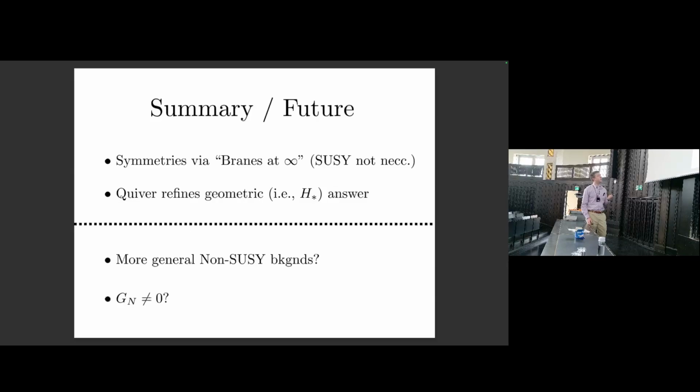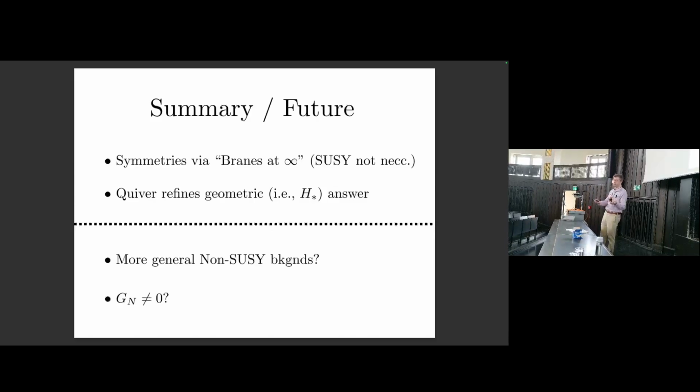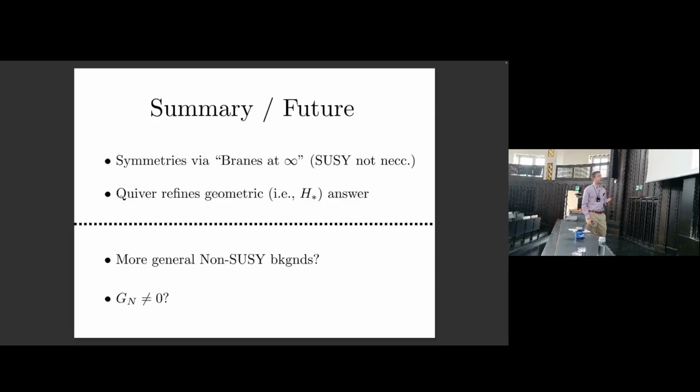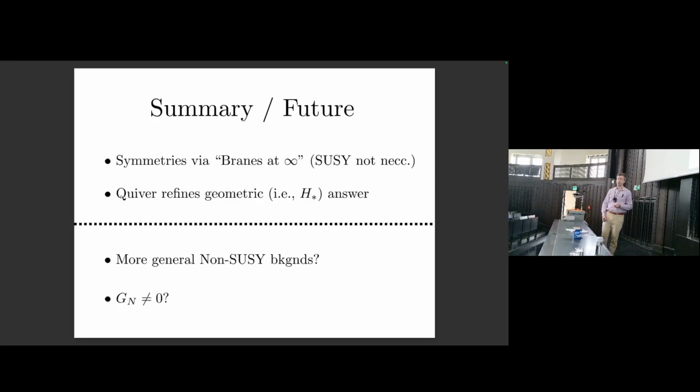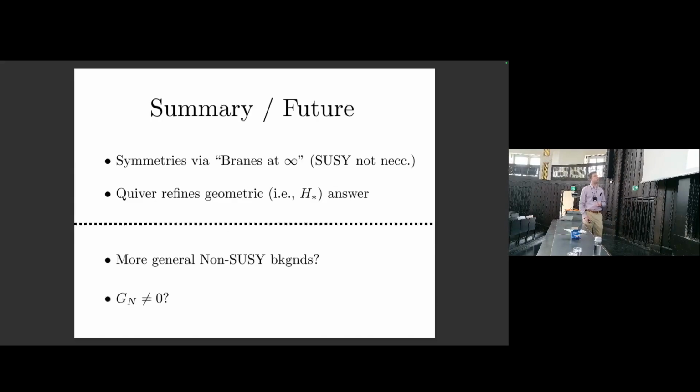OK, I think there are a couple of very natural directions to consider. One is considering more general non-supersymmetric backgrounds. I applied it in the case of just R6 mod gamma, but it would be very interesting to consider things that don't necessarily come from such orbifold backgrounds. Surely we can find others and study the generalized symmetries in such non-supersymmetric settings as well. And more generally, one of the challenges is finding healthy compactifications that are non-supersymmetric.